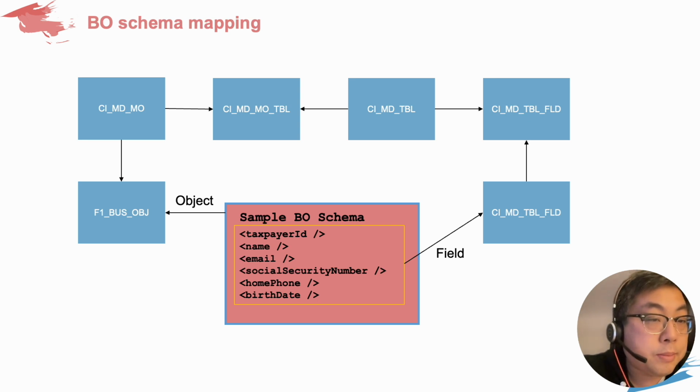So the first metadata is the MO, and then the MO collects a list of tables, and the tables is mapped to the metadata tables, which is CIMD table, and metadata table contains a list of metadata fields, and the metadata fields is also mapped to the fields in this loop.